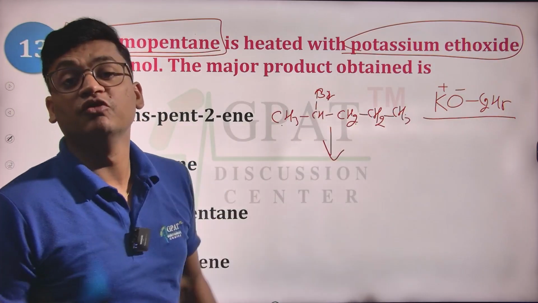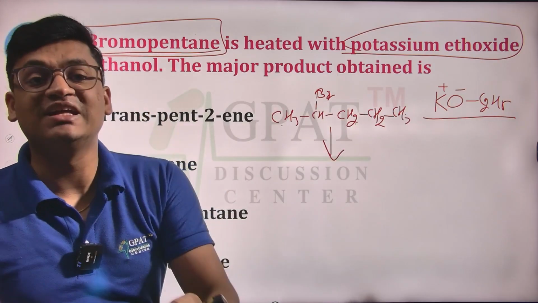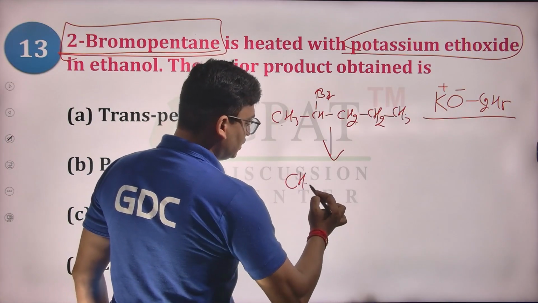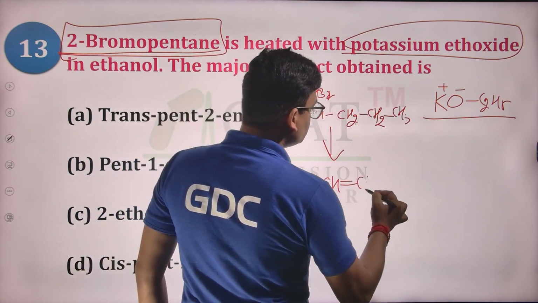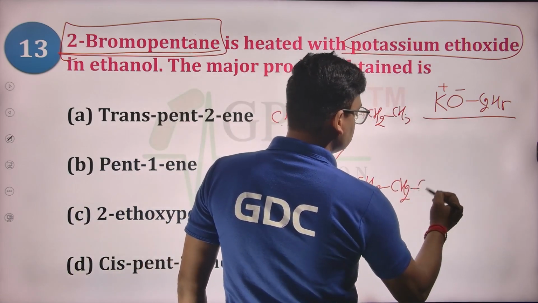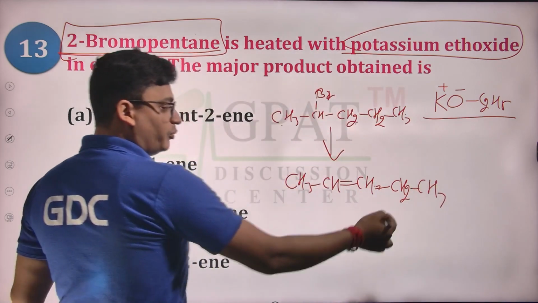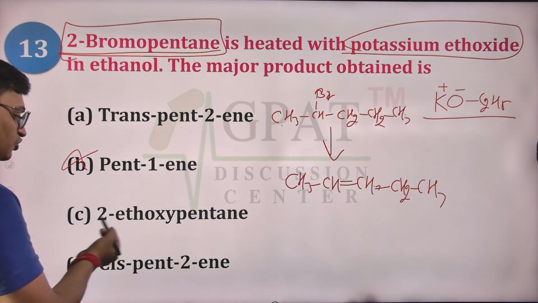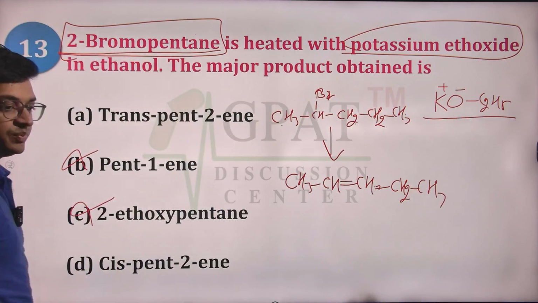Why? It will give a more substituted, more stable alkene, that is the Saytzeff product. That means CH3, CH double bond, CH, CH2, CH3. So this is 2-pentene, not pent-1-ene; we have trans-pent-2-ene and cis-pent-2-ene.